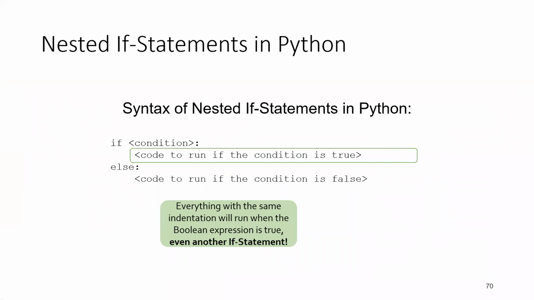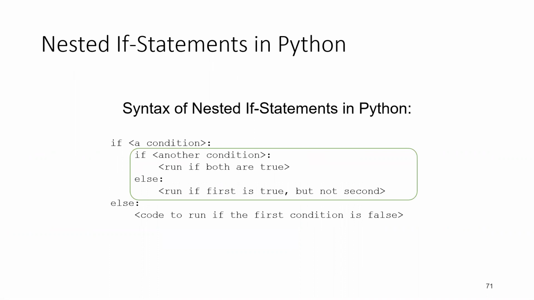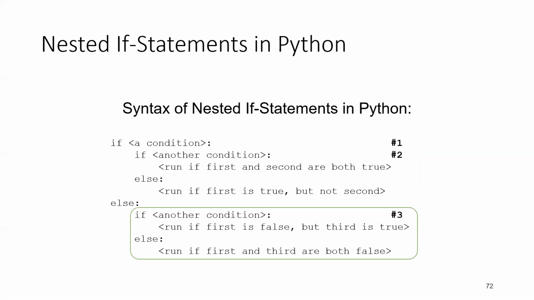All right, so somebody was asking earlier, and we did sort of touch on it, but yeah, you can nest if statements, right? So I can look at this code block, and I can run any code that I want, even another if statement. So now my code will branch in a lot of different directions, depending on what my conditions evaluate to. And in the else block as well, I can put another if statement.